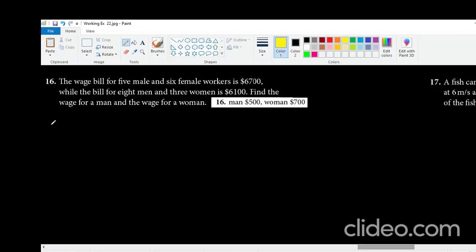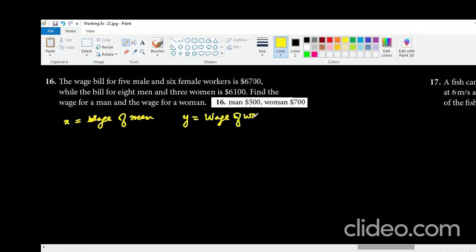Find the wage of a man and the wage of a woman. So I will make an equation that x equals the wage of men and y equals the wage of woman.